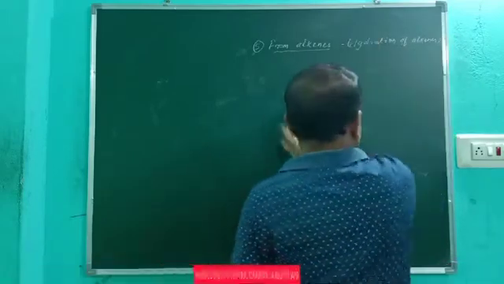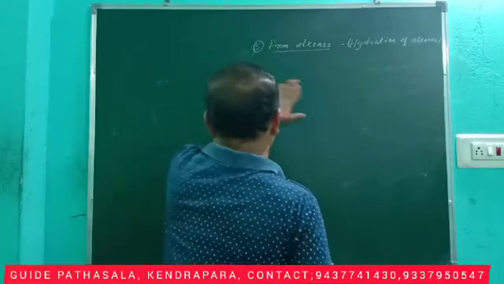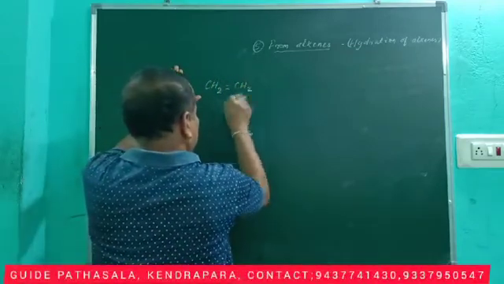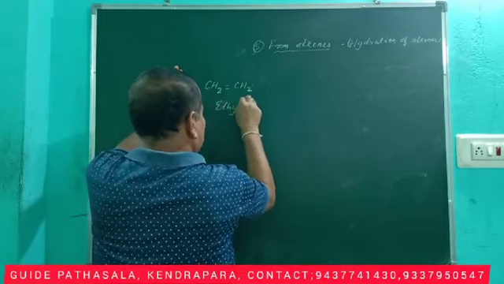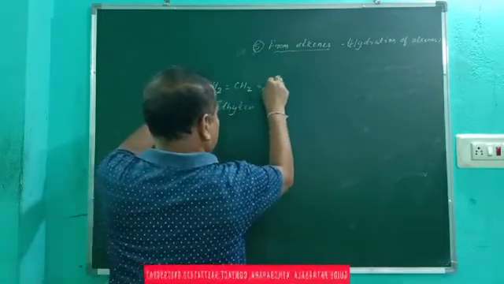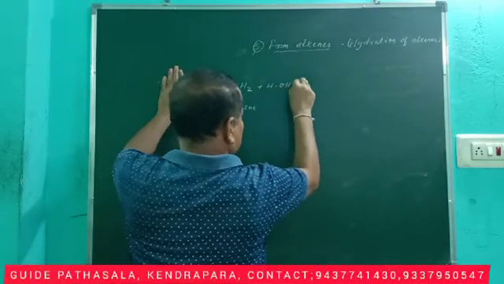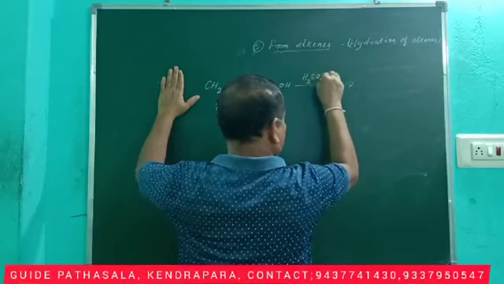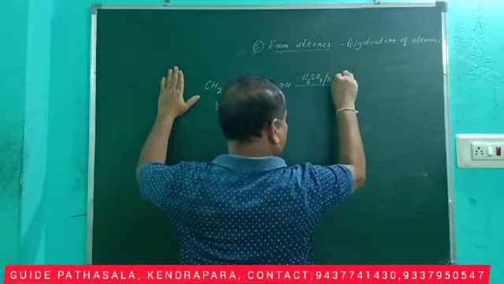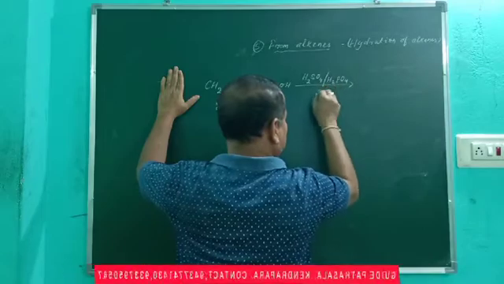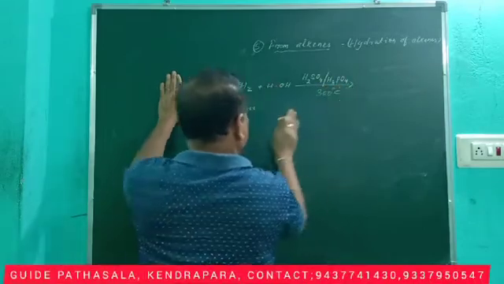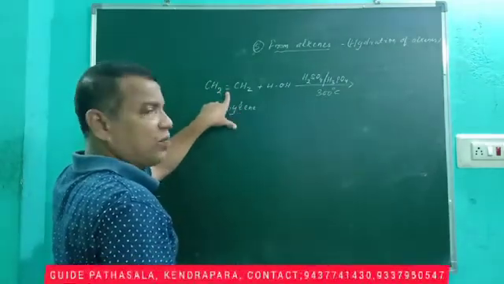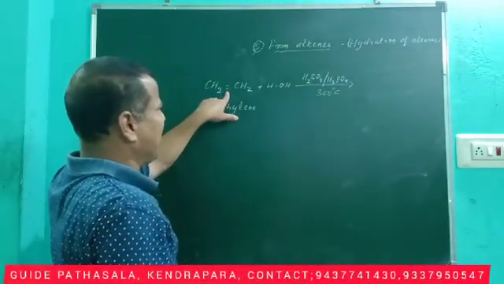Hydration of alkenes. Suppose you take an alkene, CH2 double bond CH2, this is ethylene. When ethylene is hydrolyzed, meaning addition of water, HOH, carried out in the presence of sulfuric acid, H2SO4, or phosphoric acid, H3PO4, at 300 degrees centigrade, then, as the double bond consists of one sigma and one pi bond, the pi bond easily breaks.